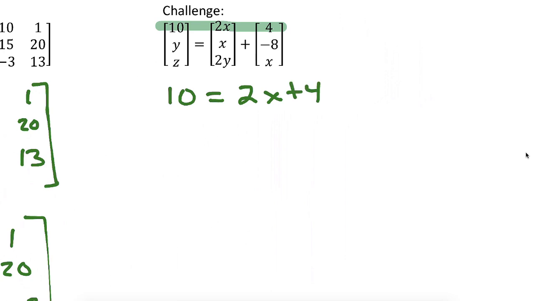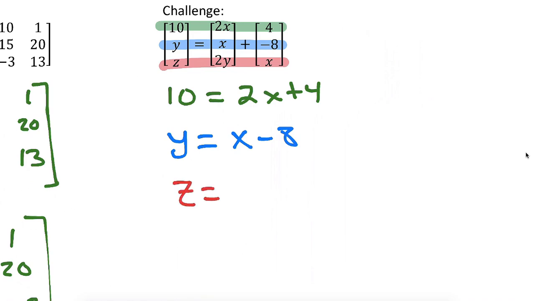We know that y is equal to x minus 8. And then finally, we know that z is equal to 2y plus x.